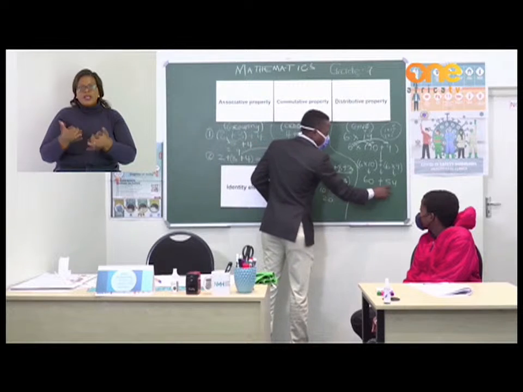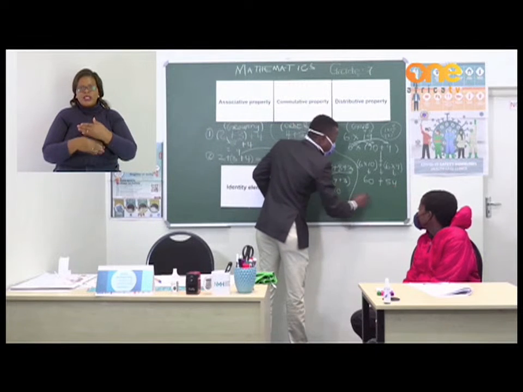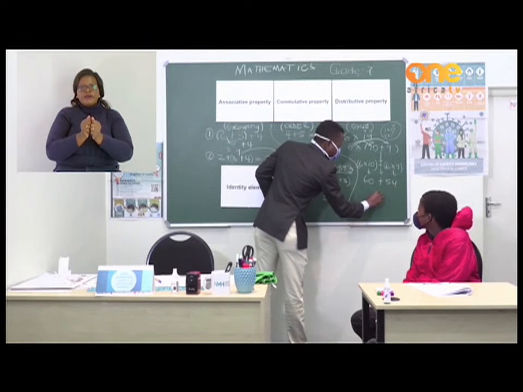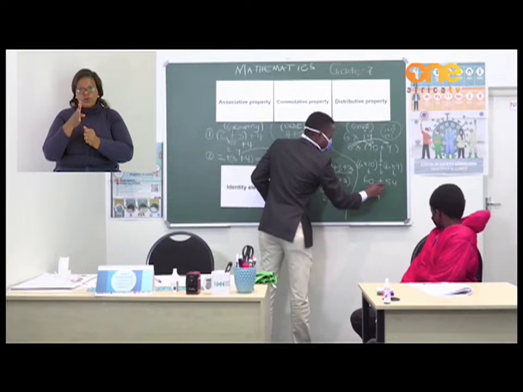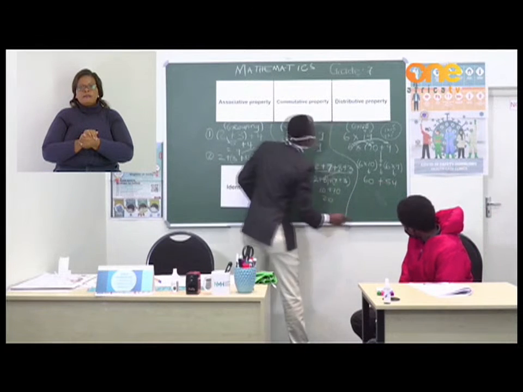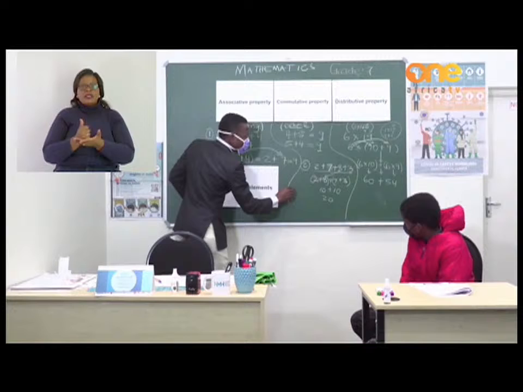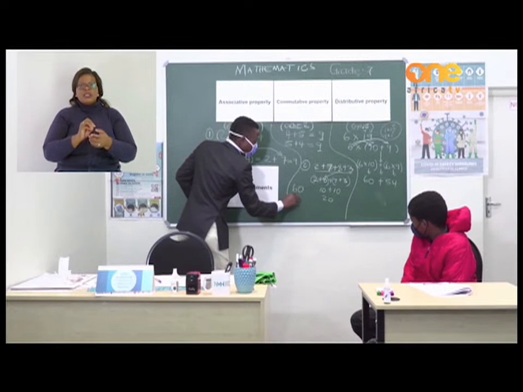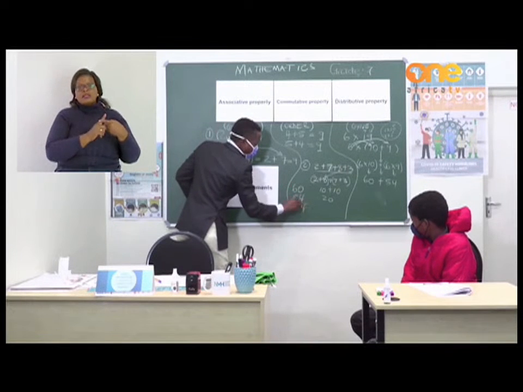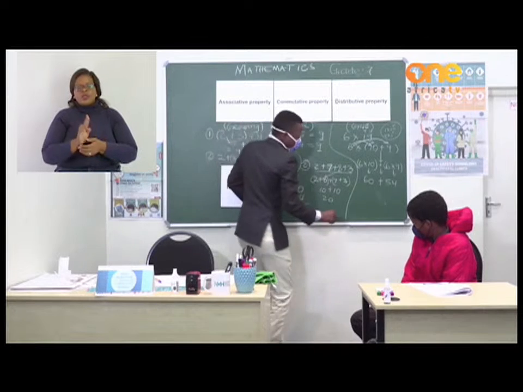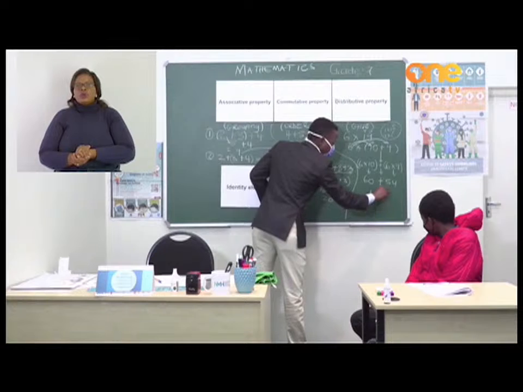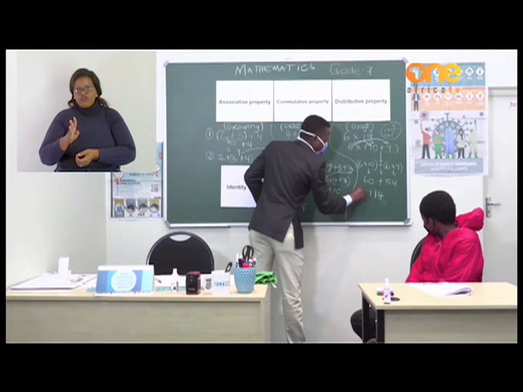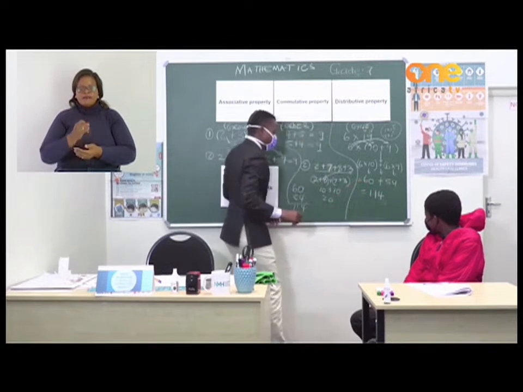And then to add these, we do it somewhere here. 60 plus 54: you have 4, you have 11. And then 114 is your final answer.